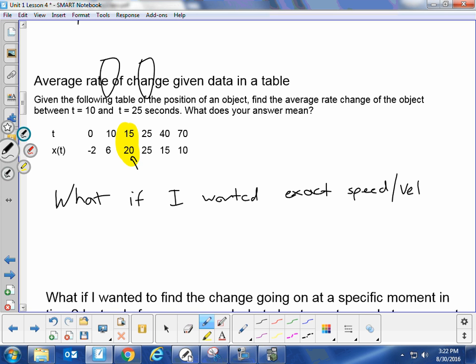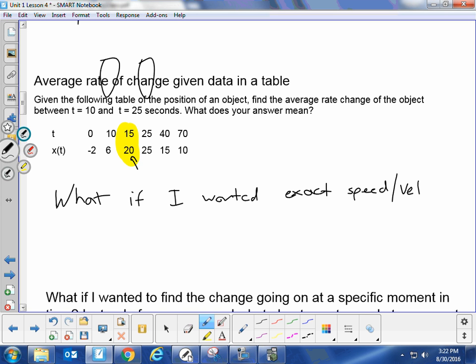Okay, so I took 25 and subtracted 6. I'd say my distance traveled between these 2 meters were 19. So that's how I found distance. I subtract the positions. 25 minus 6, 19. I've traveled 19 meters in 15 seconds. There you go. Okay? But that's just telling me on average how fast I traveled over those 15 seconds.